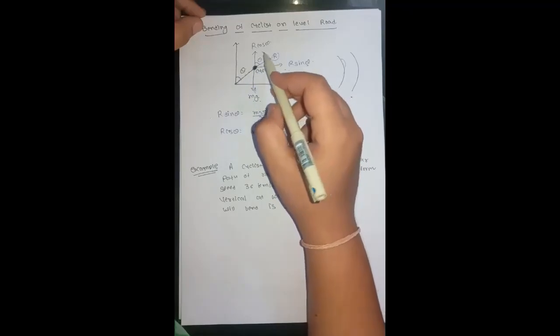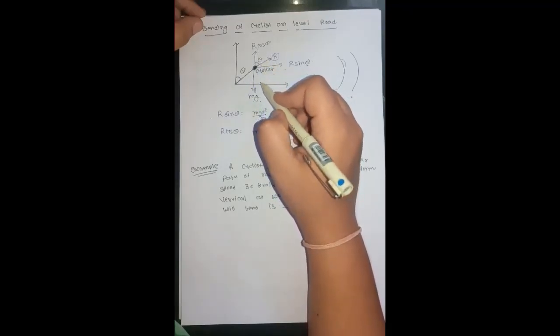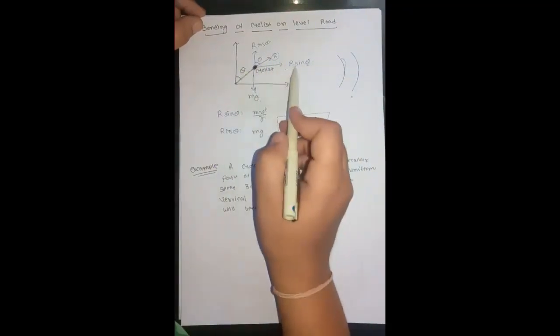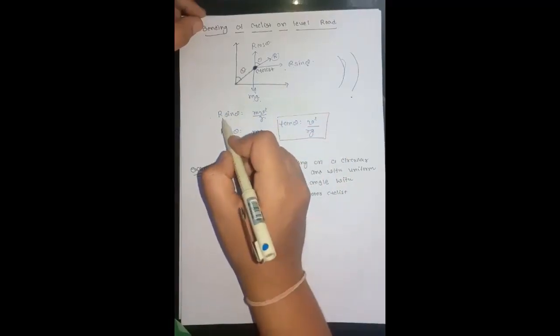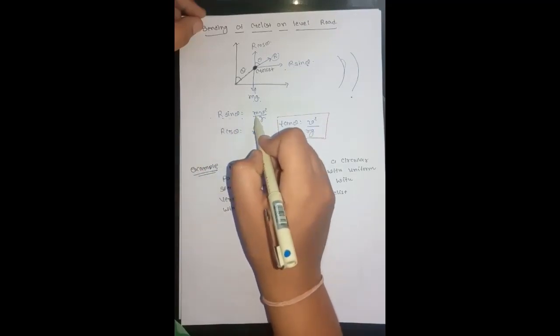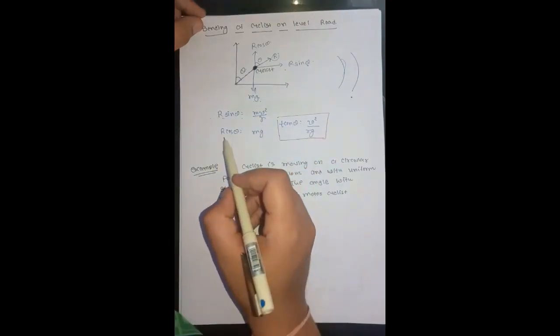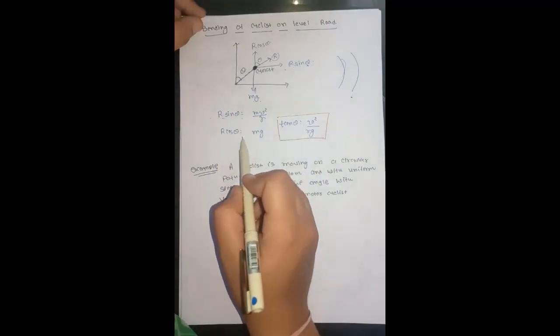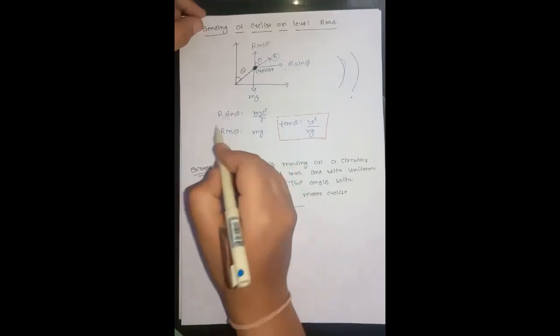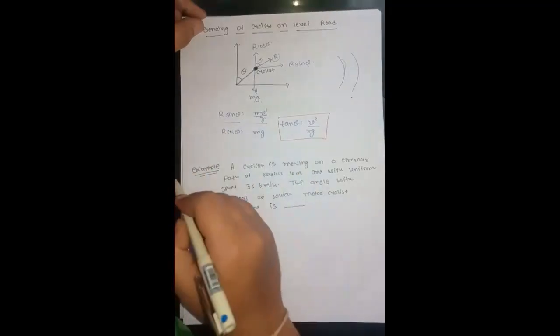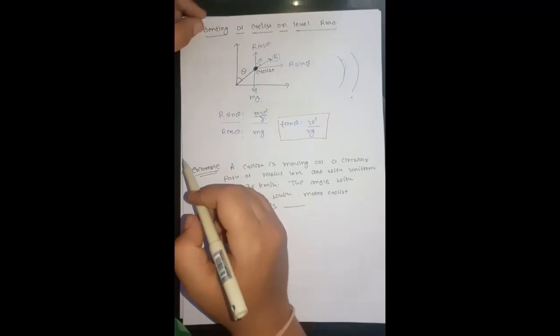For the balancing, R cos theta is equal to mg, and R sin theta will provide the required centripetal force. So R sin theta is equal to centripetal force, that is equal to mv square by r, and R cos theta is equal to mg. Taking the ratio of these two equations, this R will get cancelled out.